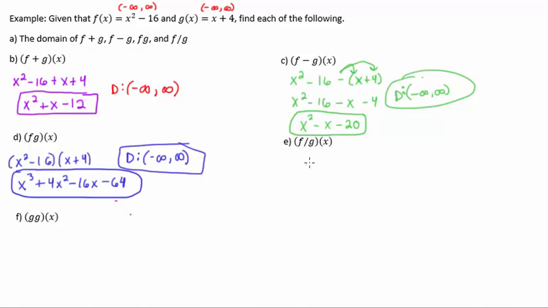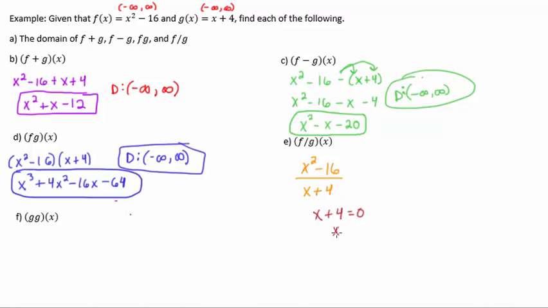Now f divided by g. So remember that division and fractions are the same thing. And so we're going to put x squared minus 16 over x plus 4. So what we need to do is ask ourselves, what is the domain of this function? And so the domain of this function is all real numbers except for where the bottom of our fraction equals 0.